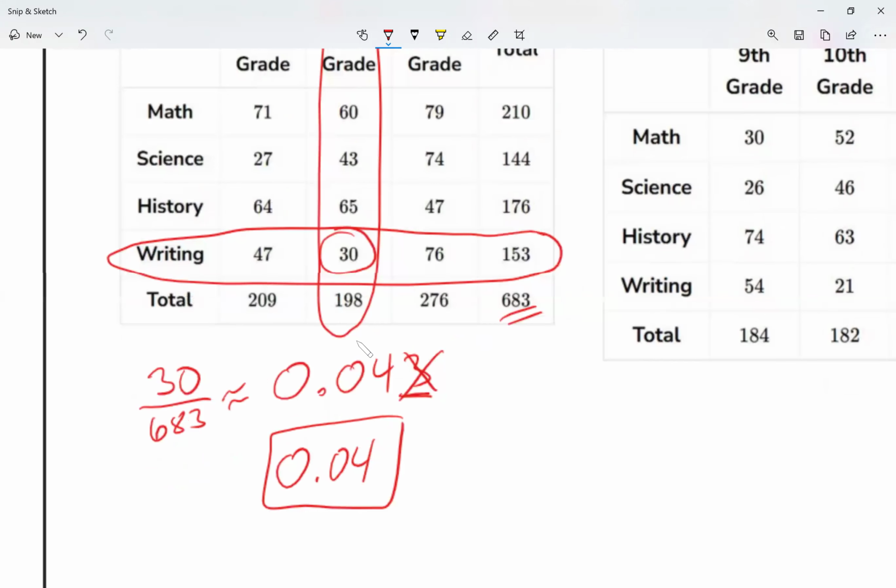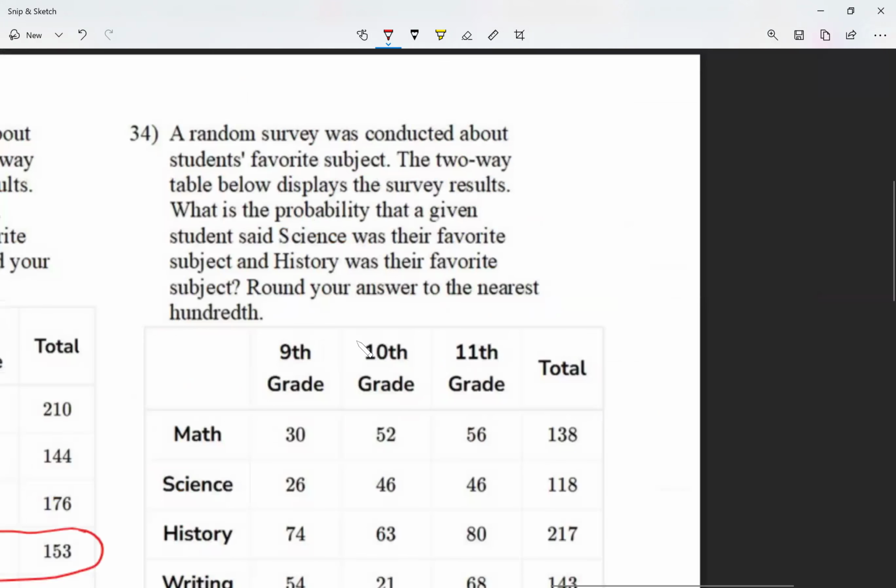Lastly, let me take a look at number 34. Very important question. This might sound tricky, but I'm going to show you in a minute. A random survey was conducted about students' favorite subject. The two-way table below displays the survey results.